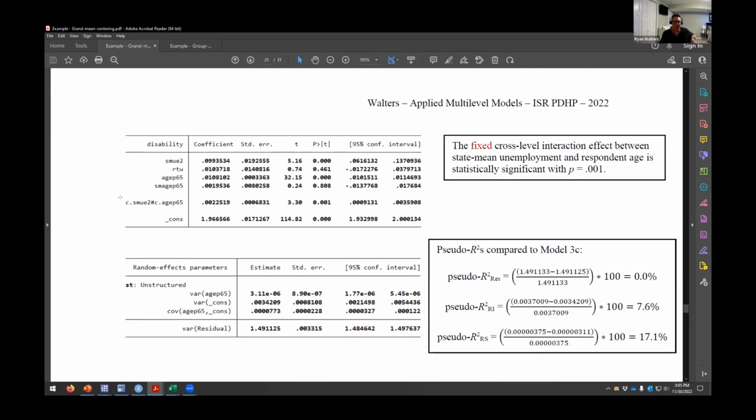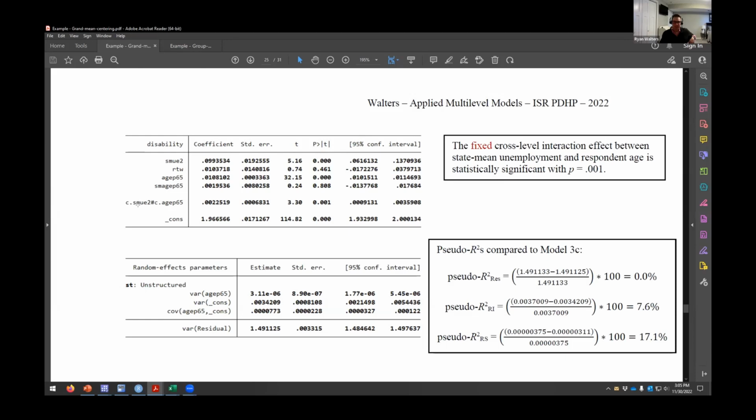What we care about, given that we've added a fixed cross-level interaction effect, is this effect right here of 0.00225. So this interaction effect is a convergence effect, and we'll just ignore that for now. We're going to focus just on interpretation. This interaction effect tells us how the level 1 age effect is moderated in states with higher unemployment.